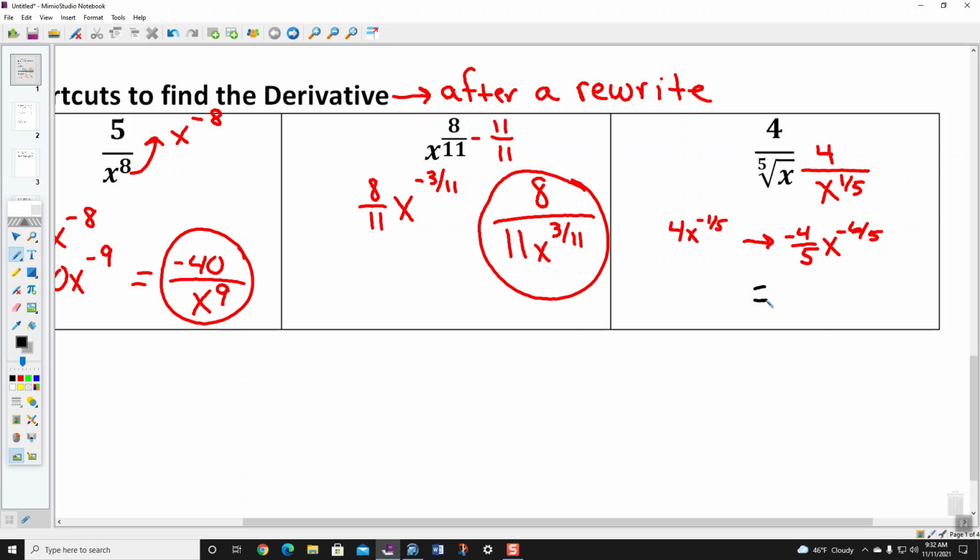Yeah, if this x has a negative exponent, this x is really up top when it's out by itself here. It's like negative 4 times x to this, and 5 is kind of alone in the bottom. But if I want to make this a true derivative, this one becomes negative 4 over 5x to the 6/5 power, right?